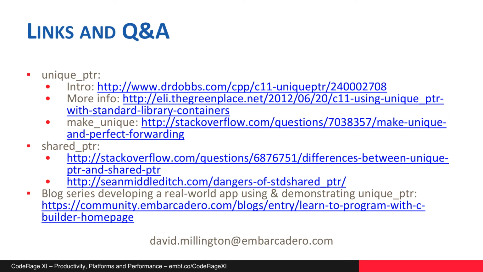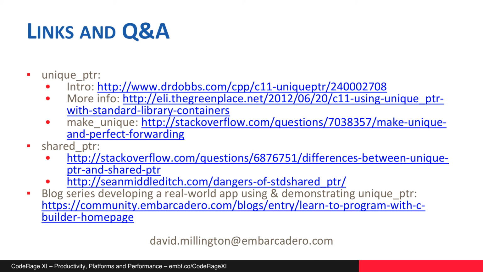So I have some very useful links here. Some about unique pointer with an intro and some more information, and a code example of make_unique, so you can take that and use it in your code. And also shared pointers. The top link there on Stack Overflow explores the differences between unique pointer and shared pointer, and the second article expands on the dangers of using shared pointer.